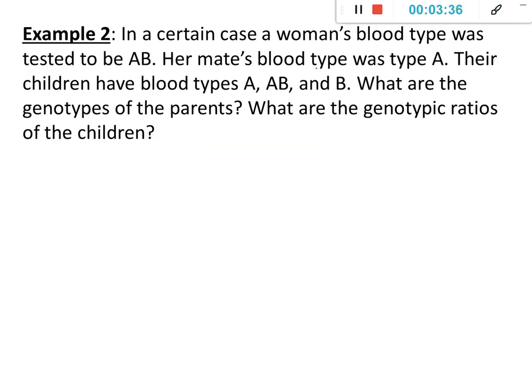Next example, looking at blood types. We have a woman who is type AB, and she has some children with someone who is type A. So we know that the mother is type AB, so one allele is definitely A, and one allele is definitely B. But for the father of these offspring, all we know is that he is type A. There are two ways to be type A blood.